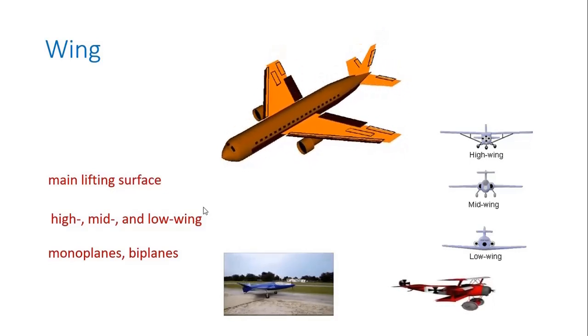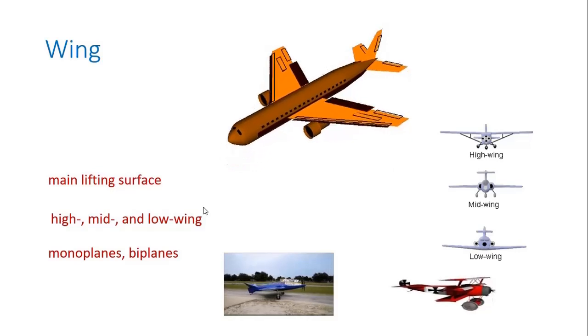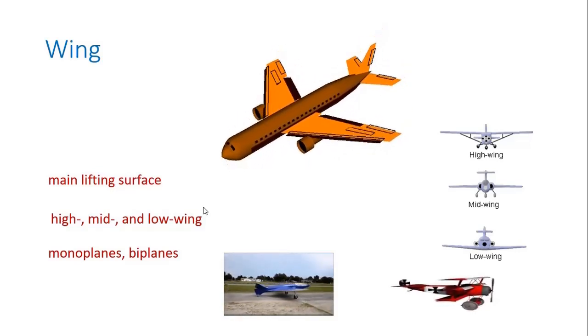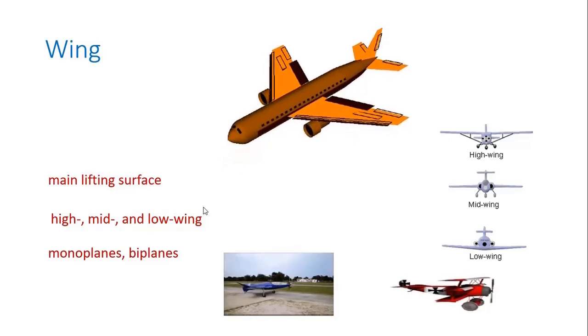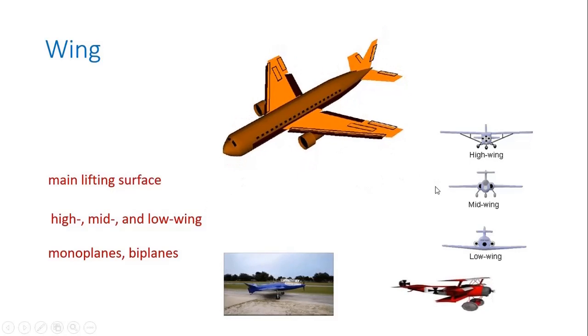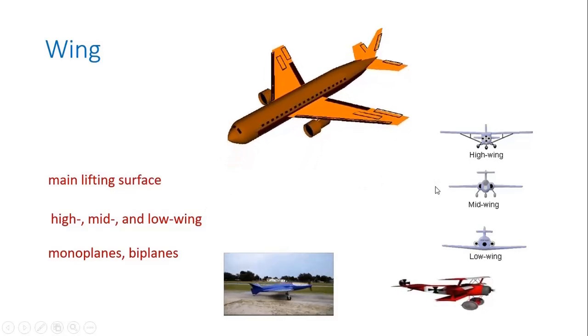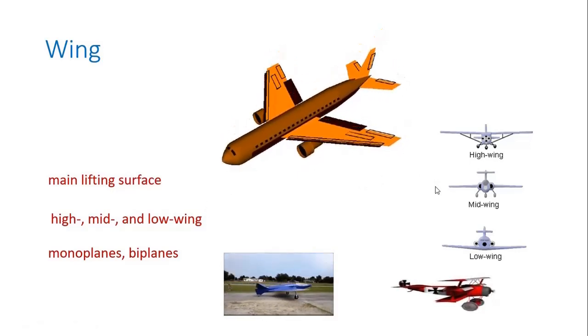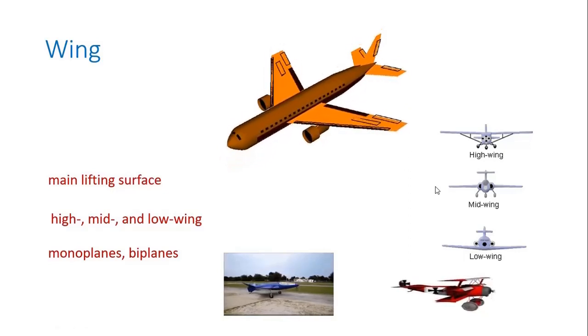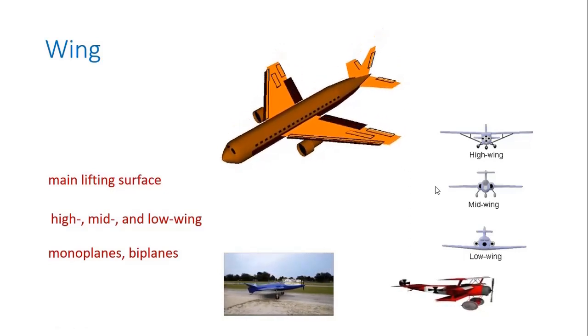Each fulfills a certain need with respect to the expected performance for the particular airplane. Wings may be attached at the top, middle, and lower portion. These designs are referred to as high, mid, and low wing respectively.